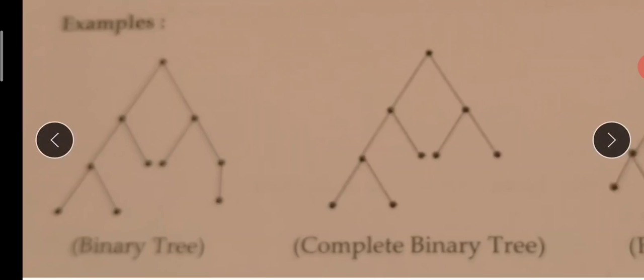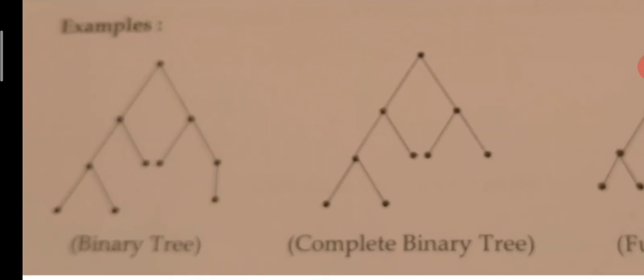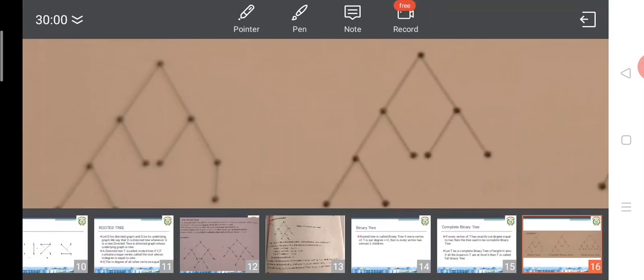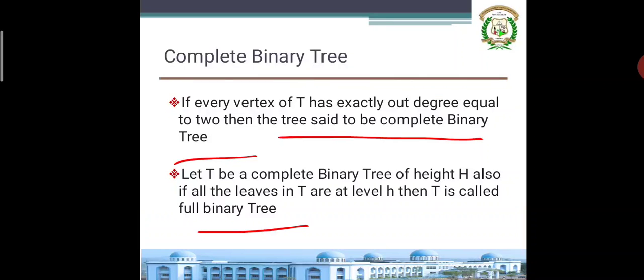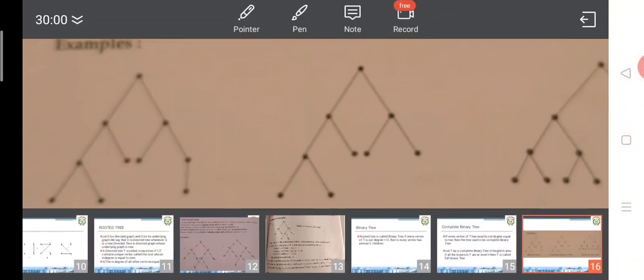Observe that this is a binary tree, no doubt at all. What is the degree of this vertex? It is 2. Degree of this vertex is 2. Degree of this vertex is 1. Degree of the leaves is 0.